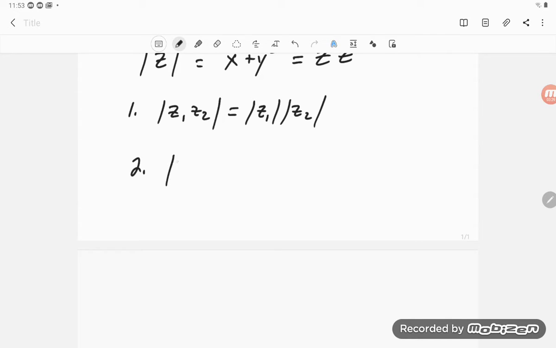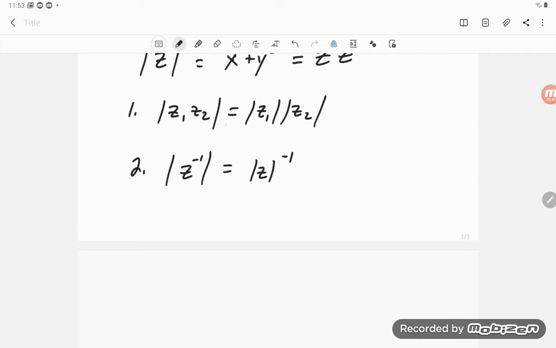Property 2, as long as z inverse exists, the absolute value of z inverse is the same thing as the absolute value of z, and then take its multiplicative inverse.